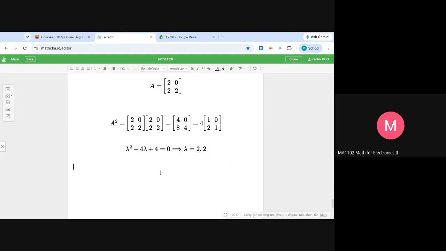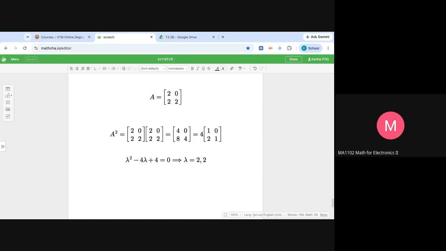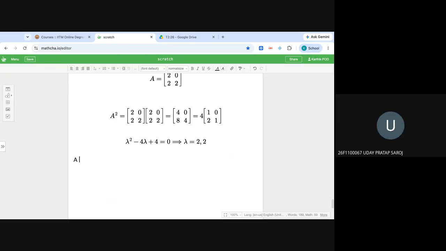The only question is whether it will be diagonalizable. This is another thing that we didn't discuss, so maybe let's discuss it now. A matrix is diagonalizable if and only if, the implication is both ways, it has a set of n linearly independent eigenvectors.